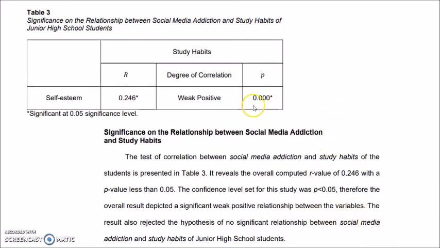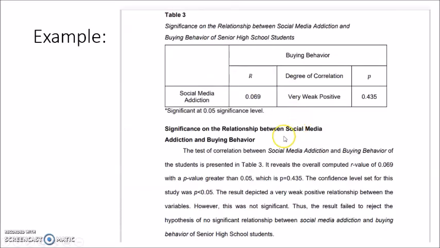Okay? How about if p-value is greater than 0.05? How do we explain or present that in our result? Let's have an example. Here we have the p-value 0.435, which is greater than 0.05. So, notice, hindi tayo naglagay ng asterisk because this is not significant at 0.05 significance level.